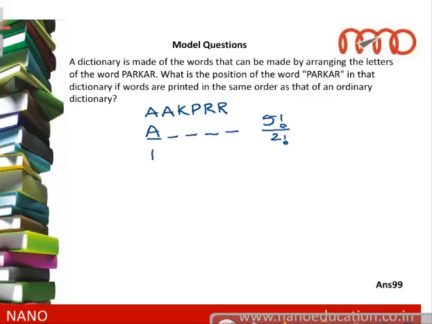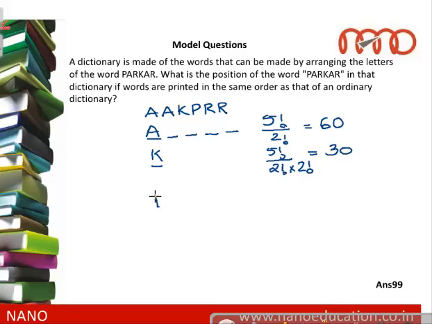Then come words with K. When you put K in first place, the remaining 5 places can be arranged in 5 factorial ways by 2 factorial. 2 A's are identical and 2 R's are identical. So words starting with A will be 60 in number, and words starting with K will be 30 in number.